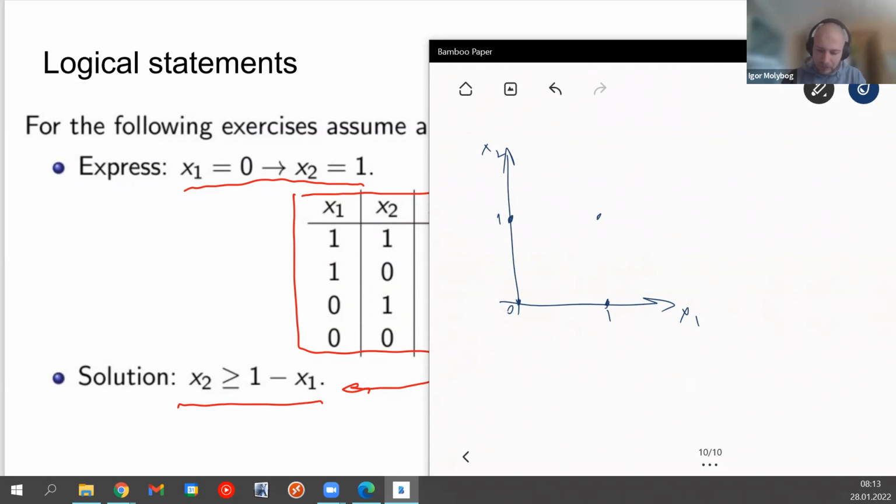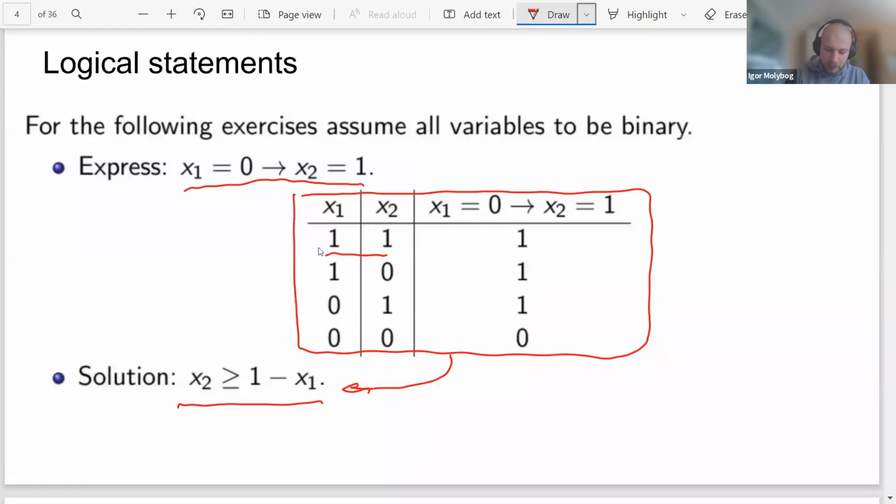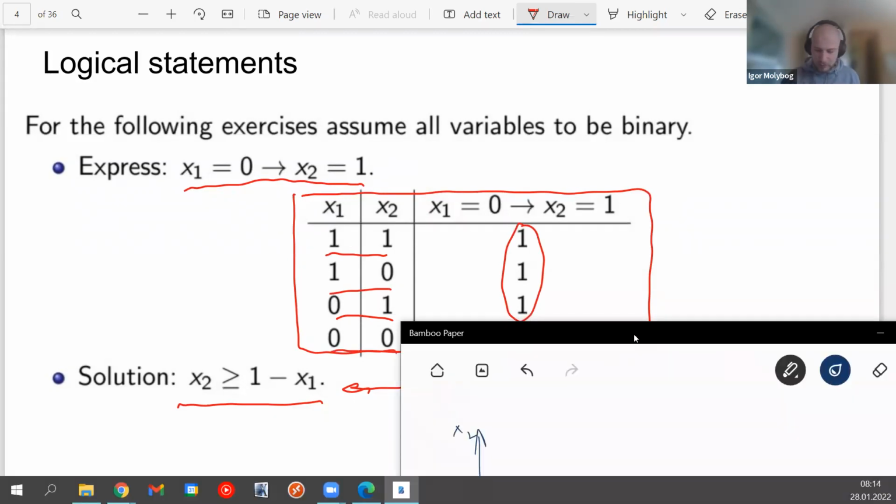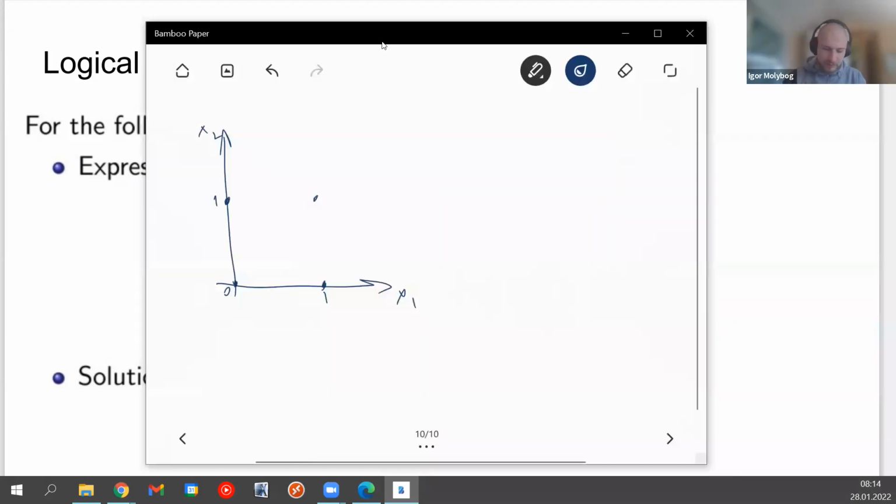For example, in this particular instance, we have that the points (1,1), (1,0), (0,1) belong to the set, and the point (0,0) does not belong to the set. So let's draw it. If we draw it, we will get that this point and this point do belong to the set, and this point doesn't.